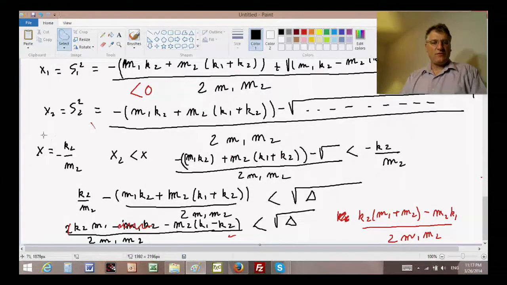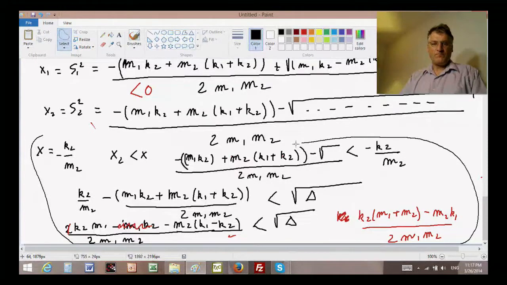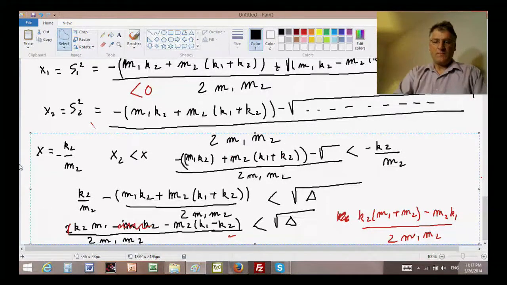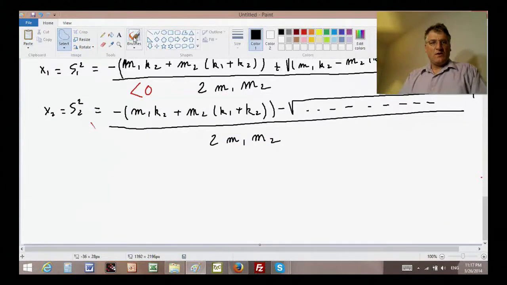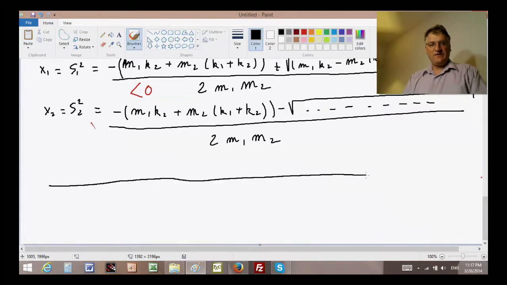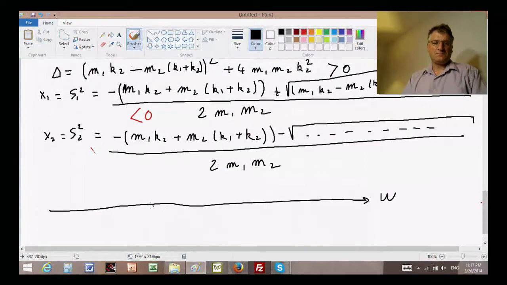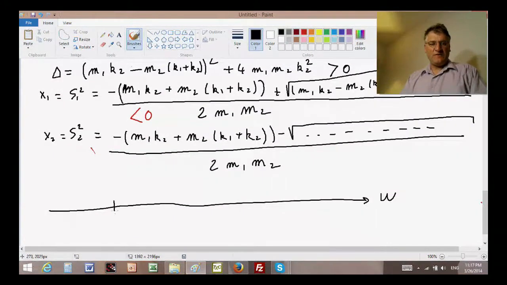Without pursuing the matter any longer, you will have the following behavior. If I draw the omega axis here, okay, I will first meet square root of minus X2.